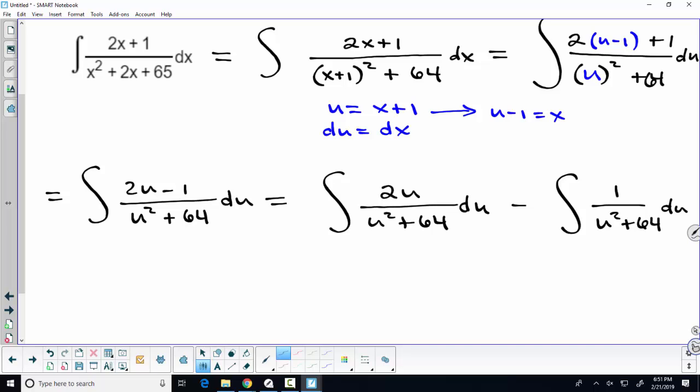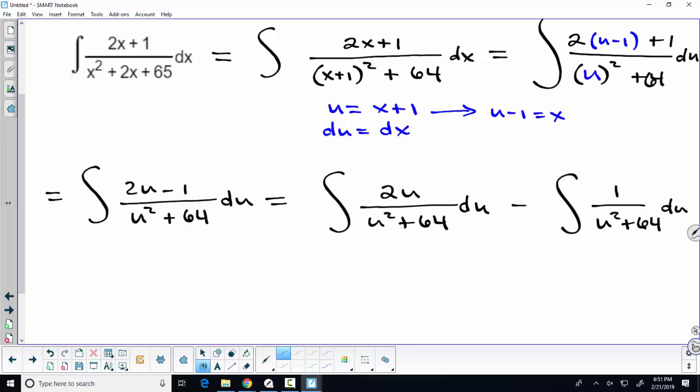How do we evaluate the first antiderivative? Yeah, so technically there's a u sub involved here, but this is in log form already. The derivative of u squared plus 64 is 2u.